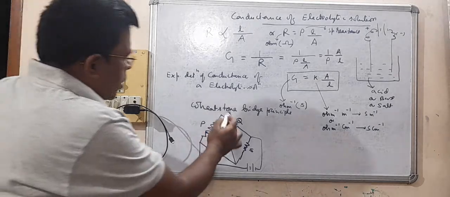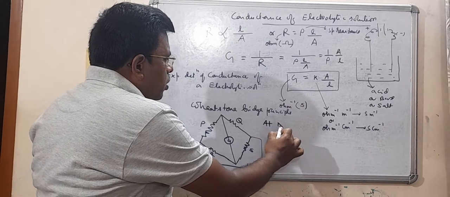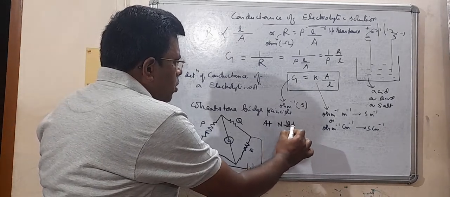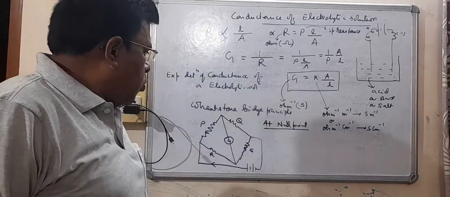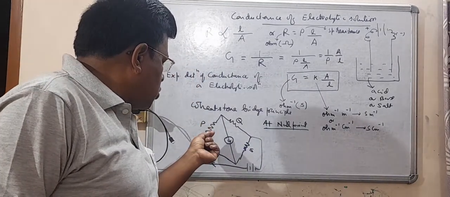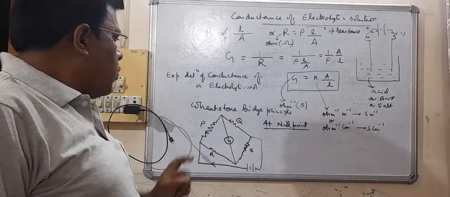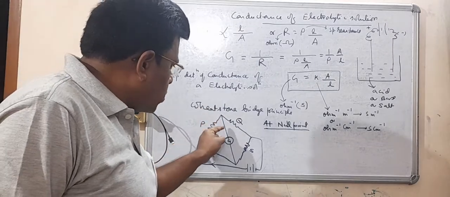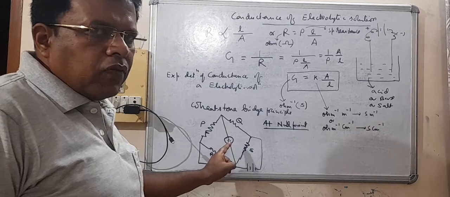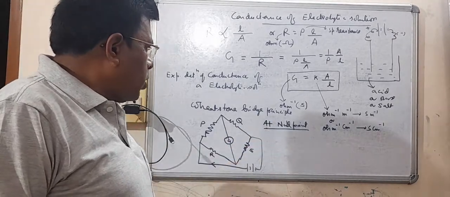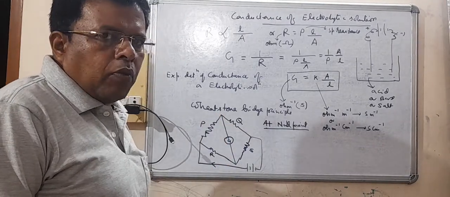Now there is a condition at null point. What is null point? By suitable adjustment in the resistors, we can make no current pass through the galvanometer. When no current passes through the galvanometer, then that is called null point. When current is passing through this, then that is not null point.